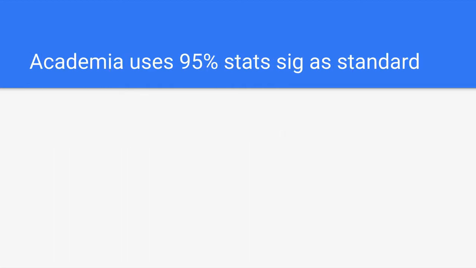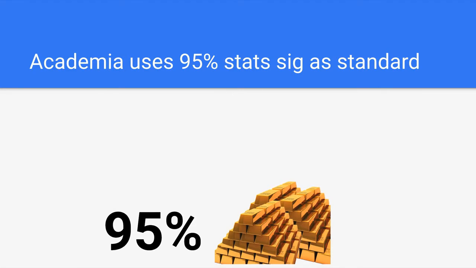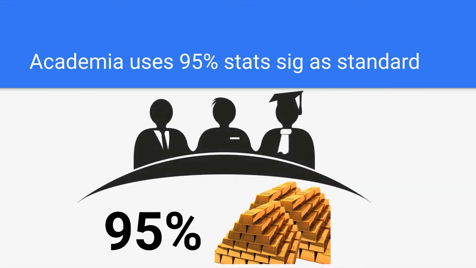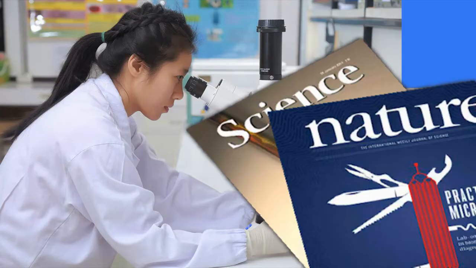A 95% statistical significance, or 5% p-value, is indeed the gold standard in academia. When a graduate student wants to publish a scientific study, they want to make sure the result is reliable and repeatable. In real life, though, you don't need to hold yourself to this standard.